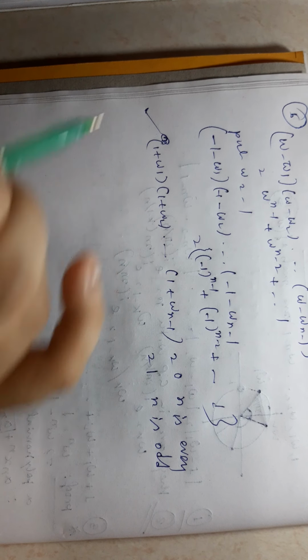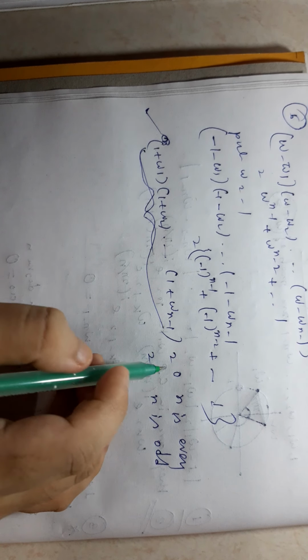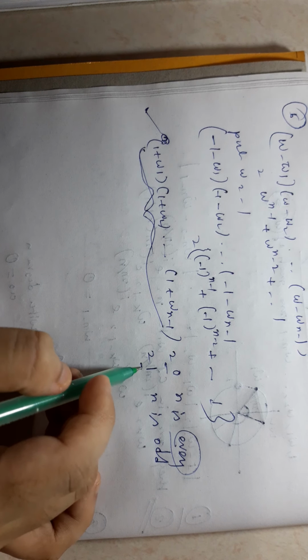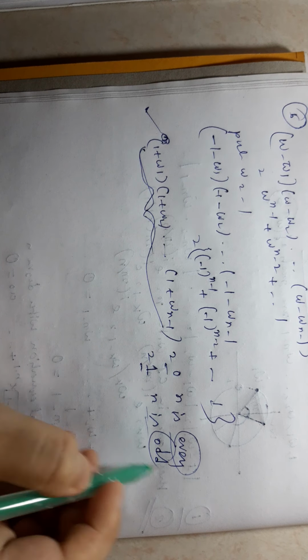These are very important. This identity will be 0 if n is even, and it will be 1 if n is odd.